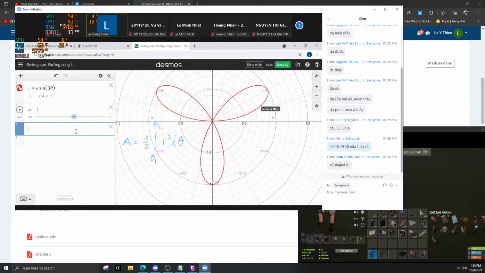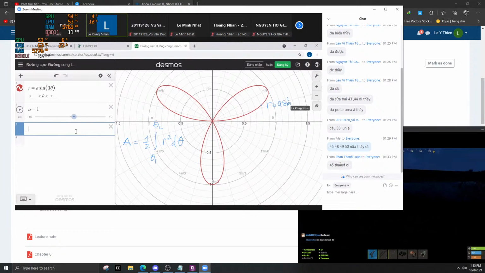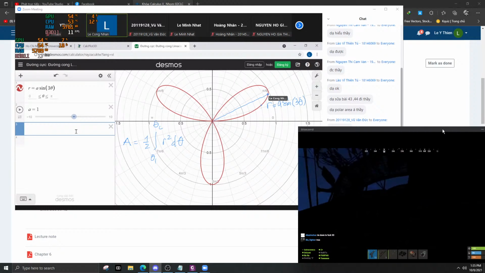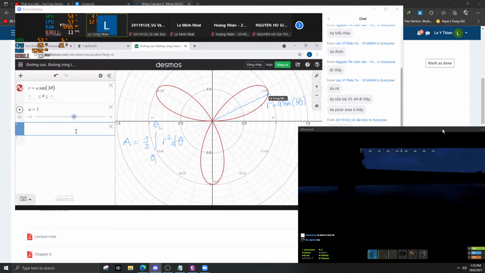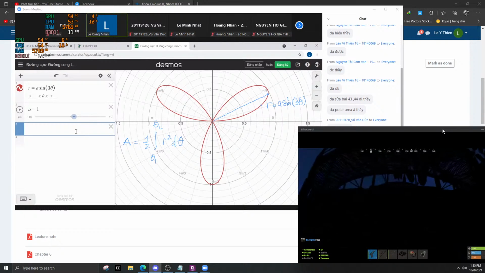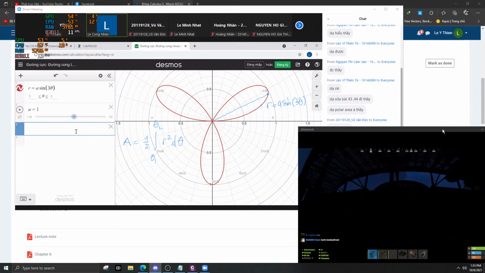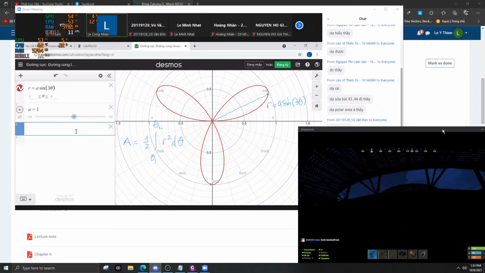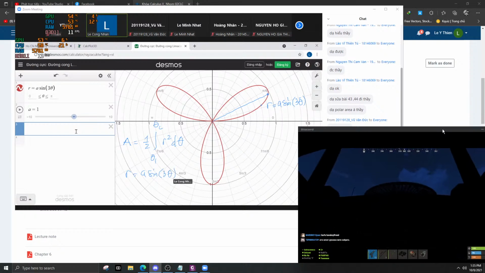The radius has the equation r equal A times sine of 3 theta. So for theta boundary from theta 1 to theta 2, we have r equal A times sine of 3 theta. So how to determine theta 1 and theta 2?